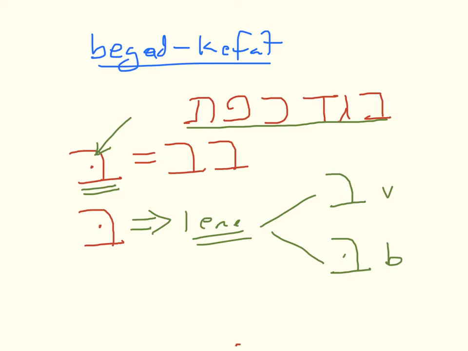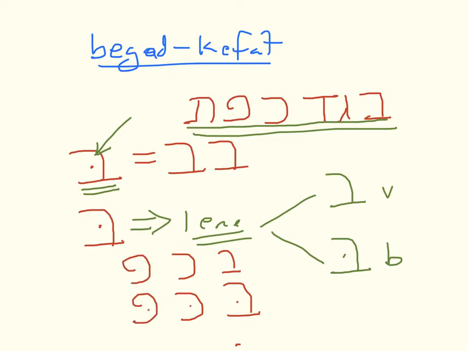Now, in ancient pronunciation, all six of the Begad-kephat letters had a different sound when they had a Dagesh and when they didn't. However, using modern pronunciation, only three of the Begad-kephat letters have a different sound when they have a Dagesh, namely Beit and Kaf and Pei.